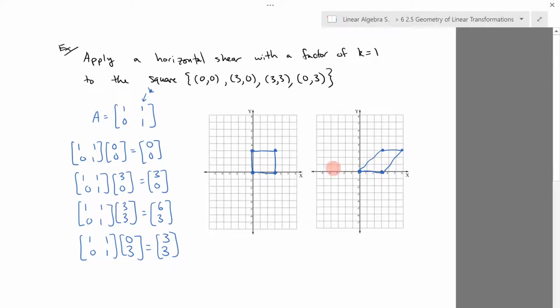Right, so you can see that here, when we're not so far from the x-axis, it's only slightly shifted to the right, but as we go higher, it gets shifted more to the right. So that's basically what happens during a horizontal shear, right? So things that are farther from the x-axis get shifted more.